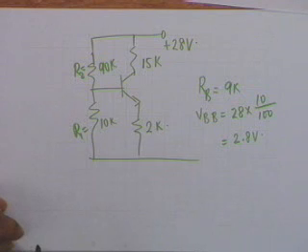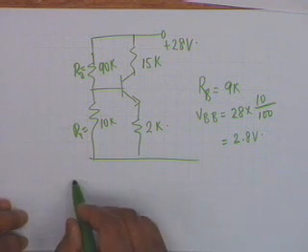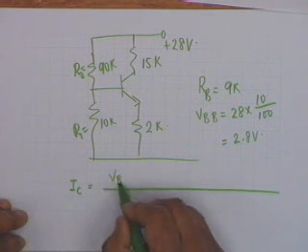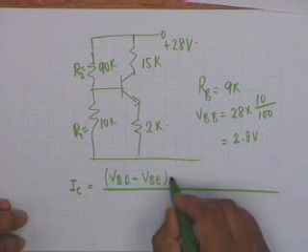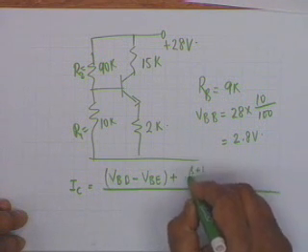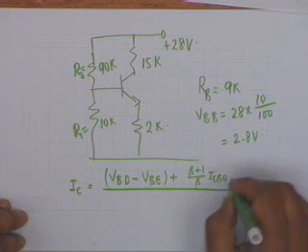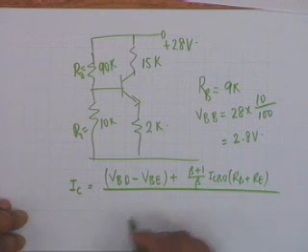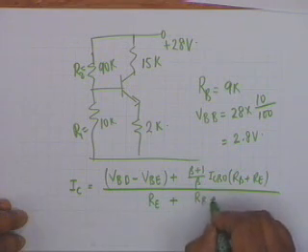Now let us consider the worst case. We recall that I sub C is given by VBB minus VBE plus beta plus 1 divided by beta ICBO into RB plus RE, divided by RE plus RB plus RE divided by beta.